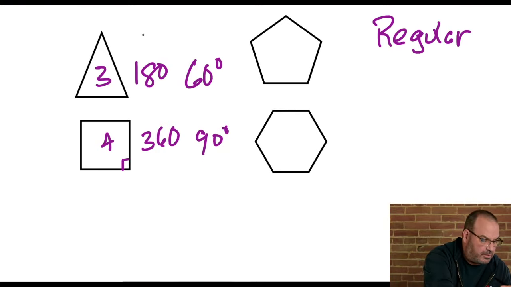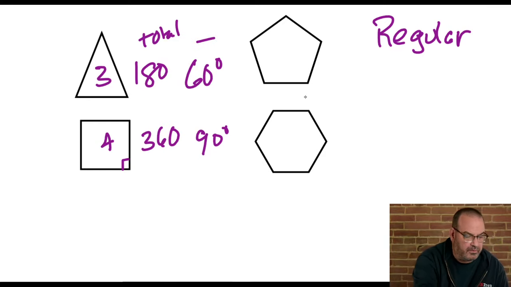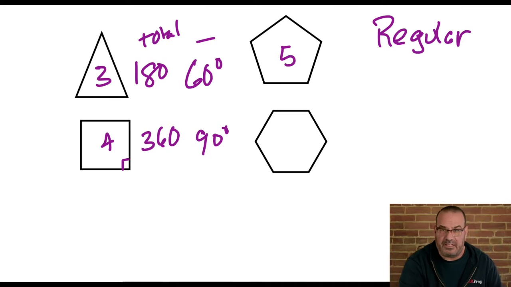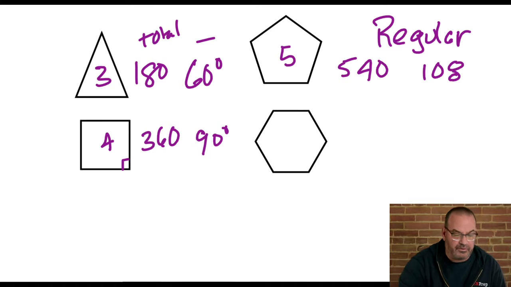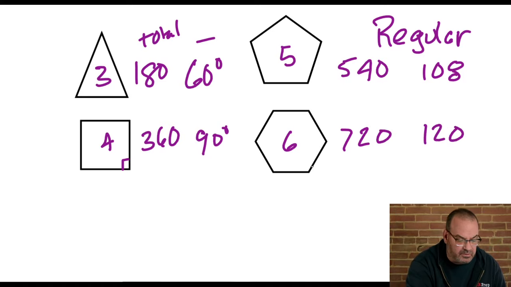So this is the total, and then this is an individual angle. A pentagon has 5 sides, and it has 540 degrees with an individual angle of 540 divided by 5, or 108 degrees. And a hexagon has 6 sides, or 720 degrees divided by 6 is 120. So this is 120 degrees.